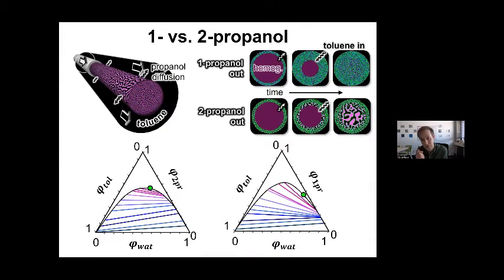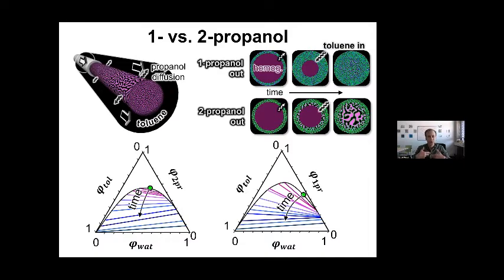In contrast, the same phase diagram with 1-propanol is less symmetric. Now, the critical point is shifted to the side, and that means the tie lines are more inclined. That means that 1-propanol prefers to partition to toluene over water, right?